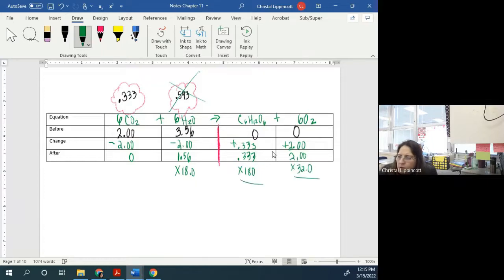So my total amounts for each of these end up being: the glucose is going to be 59.9 grams, my oxygen is 64.0 grams, and my excess amount here is 28.1 grams.